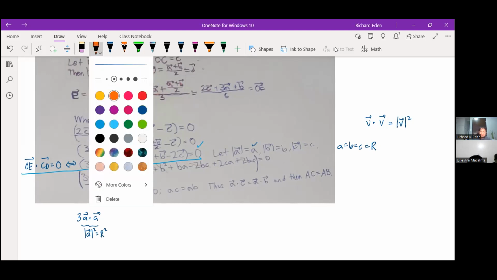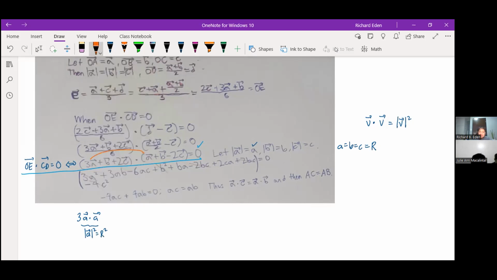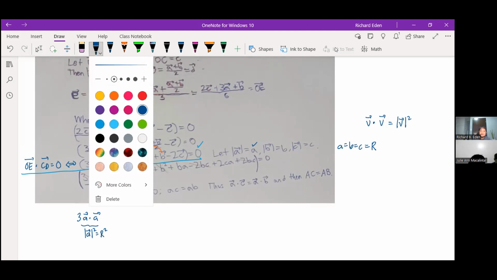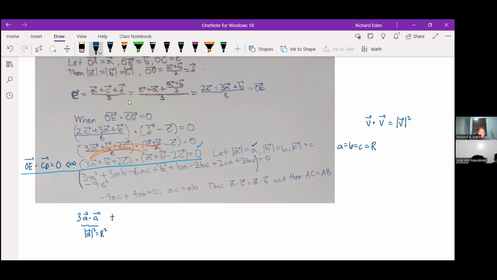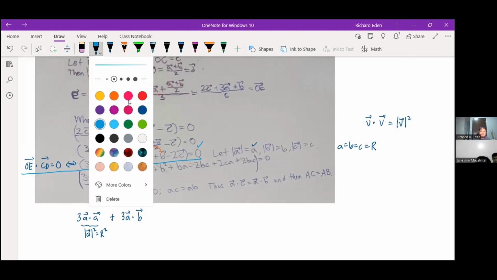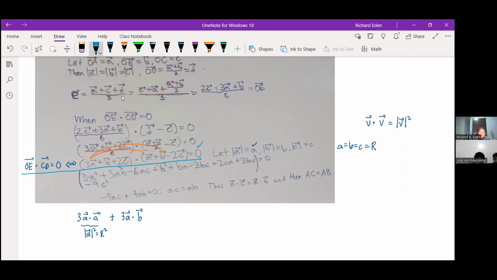However, here, when you apply the continuation of FOIL here, okay, that's 3a dot b. And it feels like this is what that corresponds to 3ab.